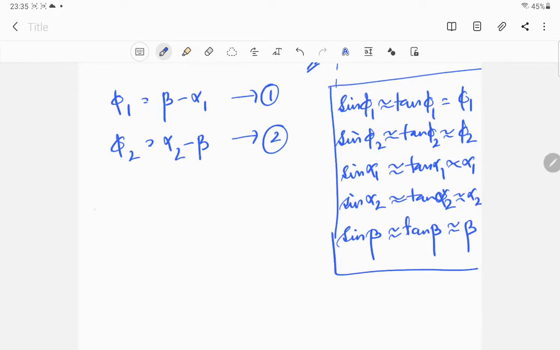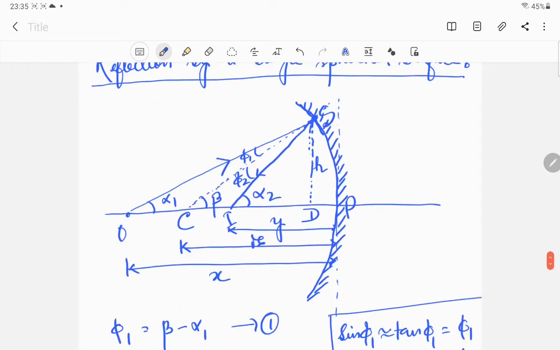So I will write it as: phi 1 is nothing but tan beta minus tan alpha 1. So this is equation number 1. Let us find out what is tan beta here.